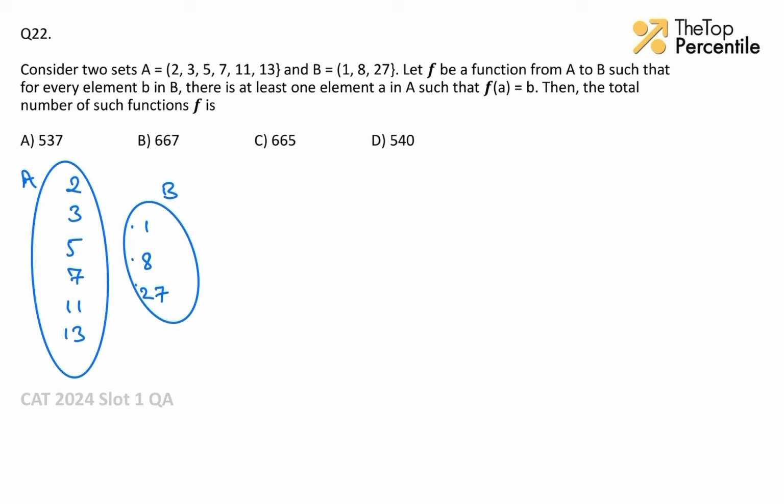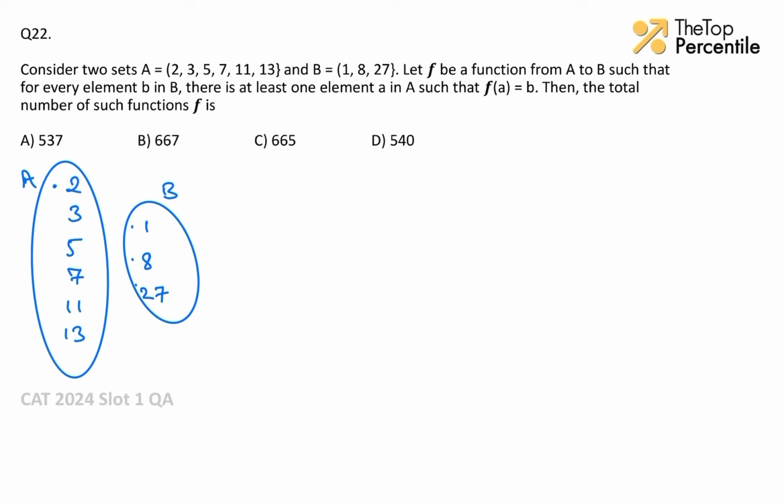What we can do first is calculate the total number of functions that can be defined, in which all the elements of A can be mapped to any of the elements of B. So 2 can be mapped onto 1, or onto 8, or onto 27.